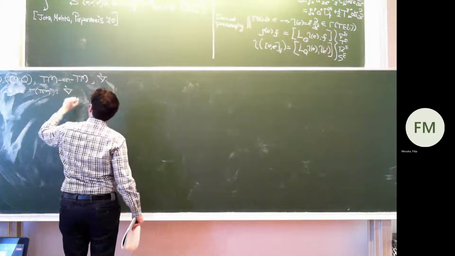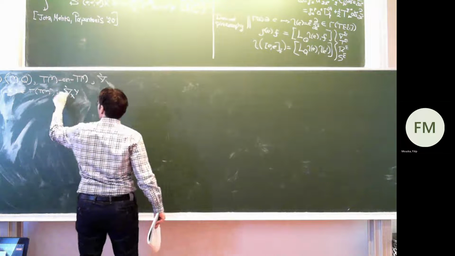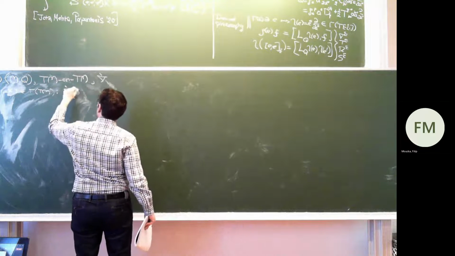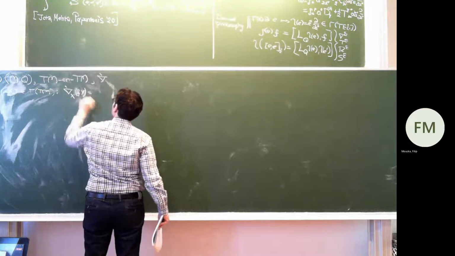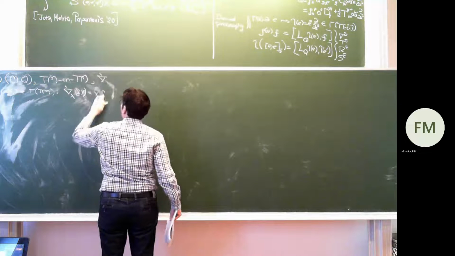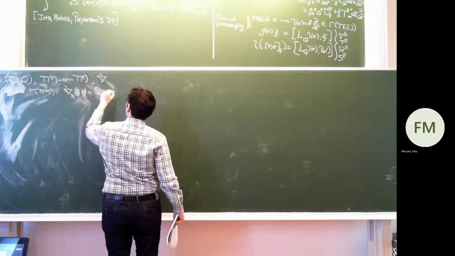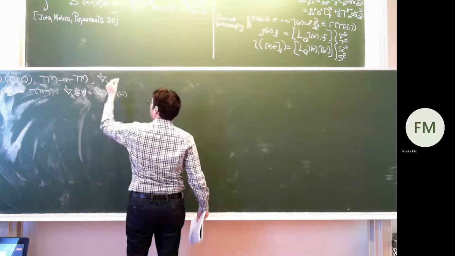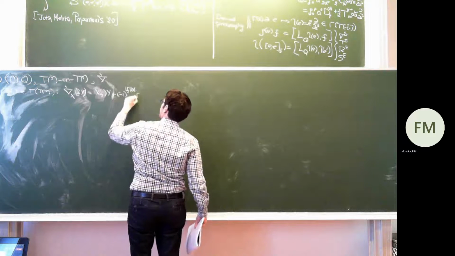And nabla graded x y will be my connection, and it will satisfy something like this. So this will be nabla graded x f y, well, x of f y plus (-1) f x nabla x y.